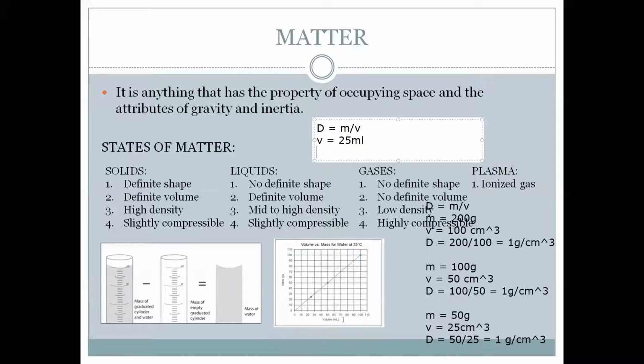Tapos yung mass naman is also 25. Okay? So, that is 25 grams. Now, we're just going to divide both of that, and obviously the answer is also 1 gram per cubic centimeters.